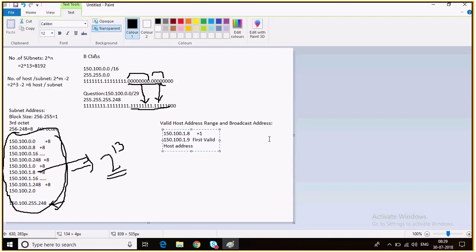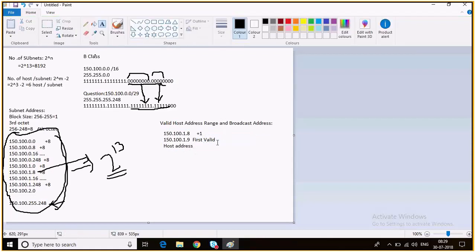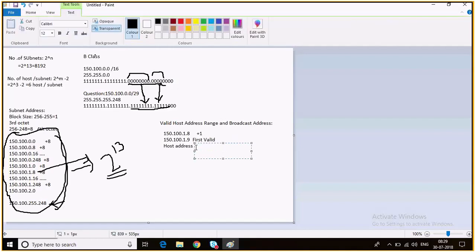The immediate next address is 150.100.1.10, right? 150.100.1.11. It will go until what point? It will go until the next network.